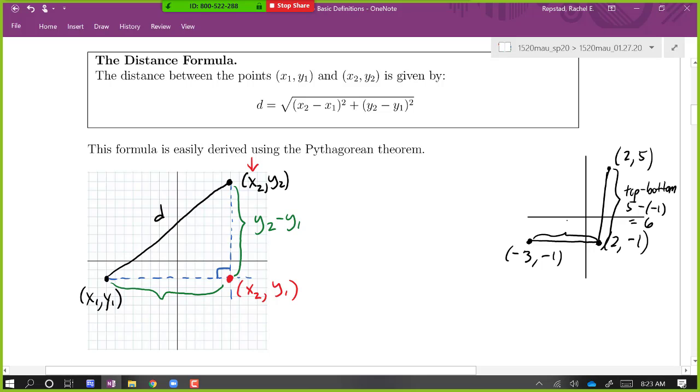Yeah, can you tell me how you got that? Great. A horizontal distance we get by taking the right x-coordinate minus the left x-coordinate. So down on the left here, that's going to look like x2 minus x1.